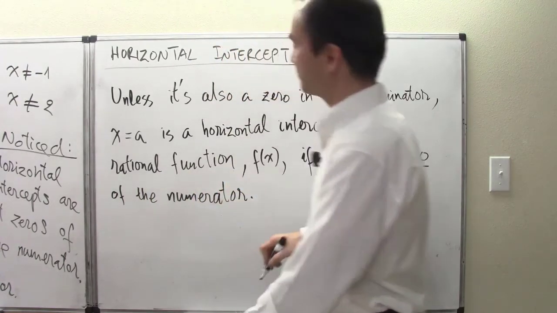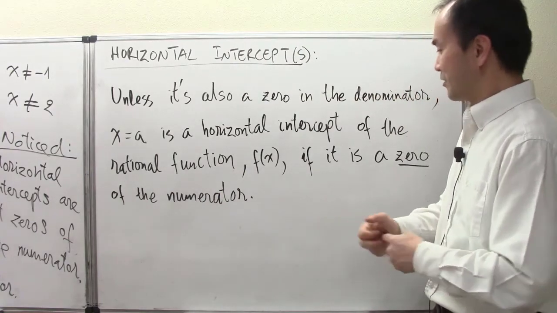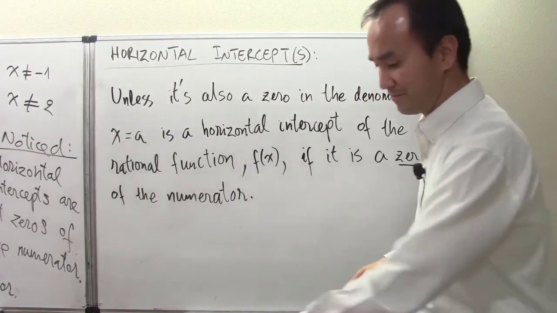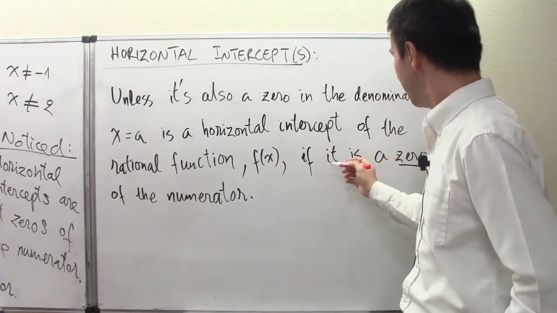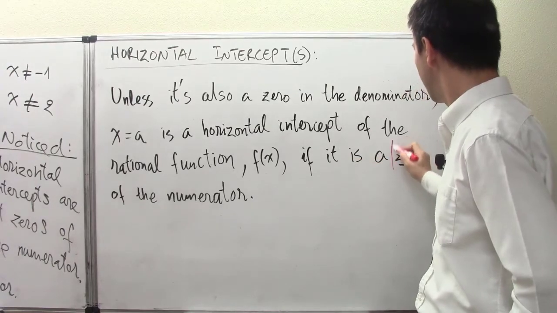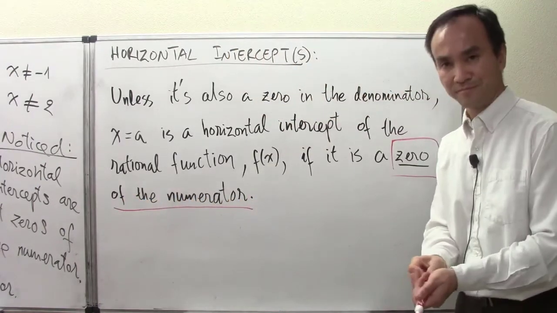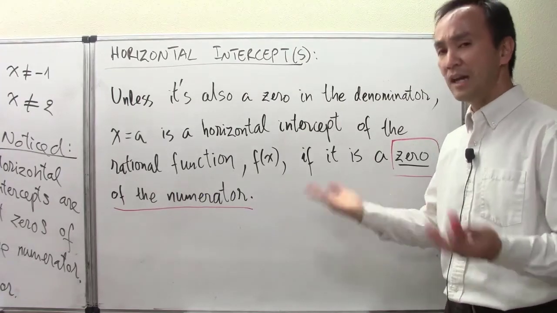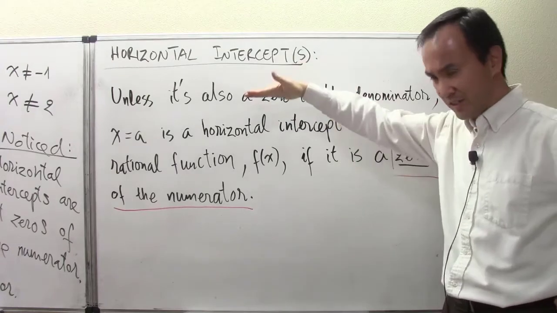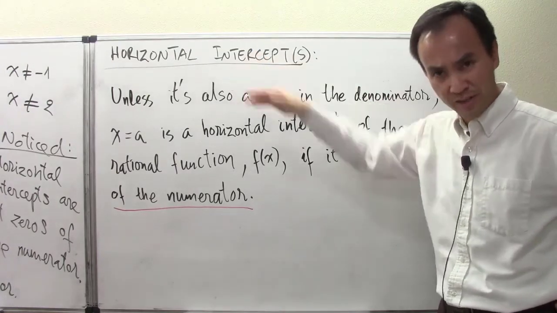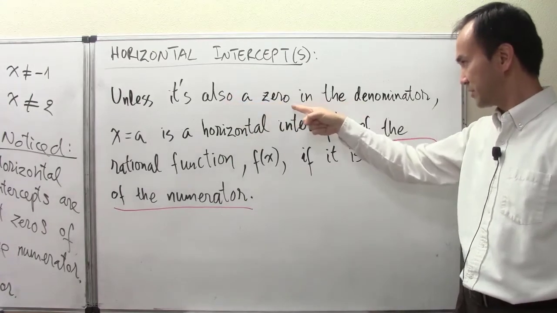We want to highlight this. If it is a zero of the numerator, unless it's also a zero in the denominator. Unless, so this brings in an exclusion right there. Unless it's also a zero in the denominator.